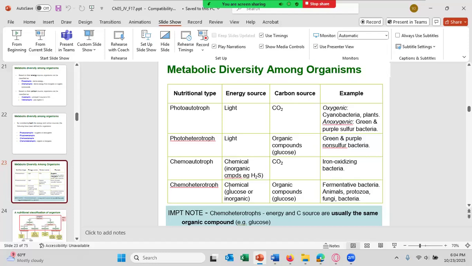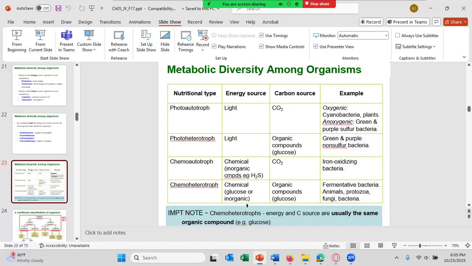The second easiest group is actually the lowest one, the chemoheterotrophs. And these get their energy source from a chemical, such as glucose, and they get their carbon source from an organic chemical compound, such as glucose. Many of the chemoheterotrophs get both their energy source and their carbon source from the same molecule.